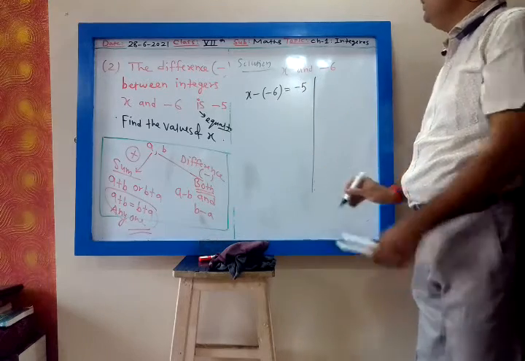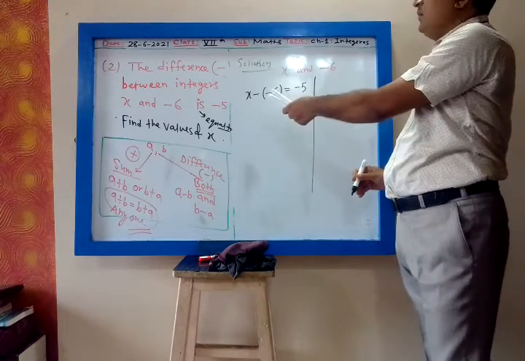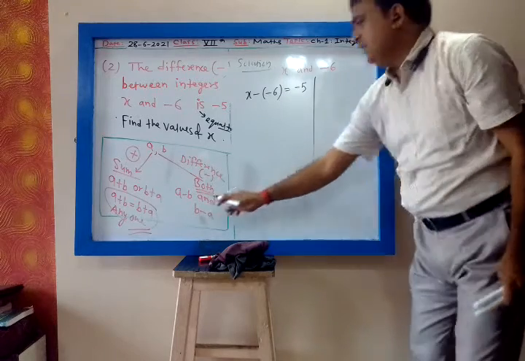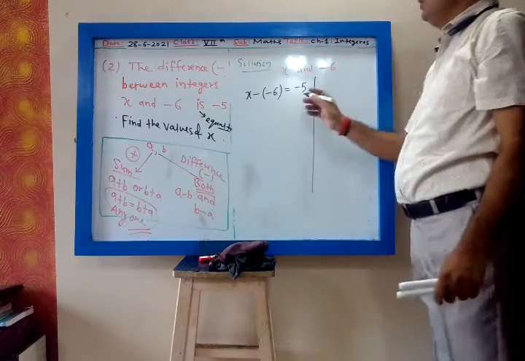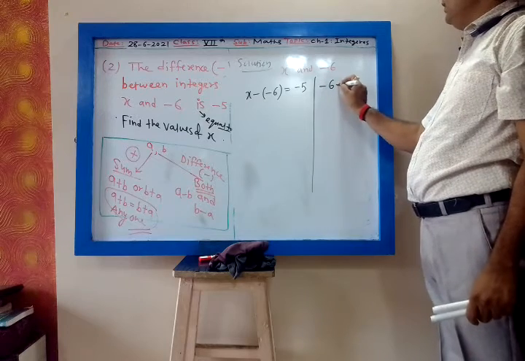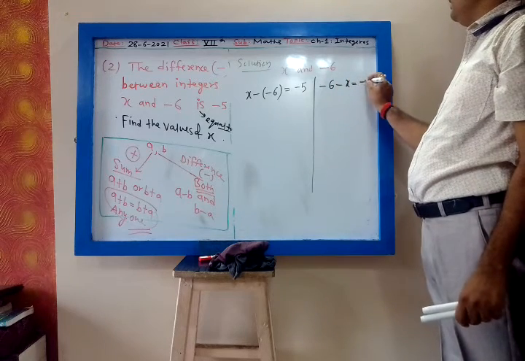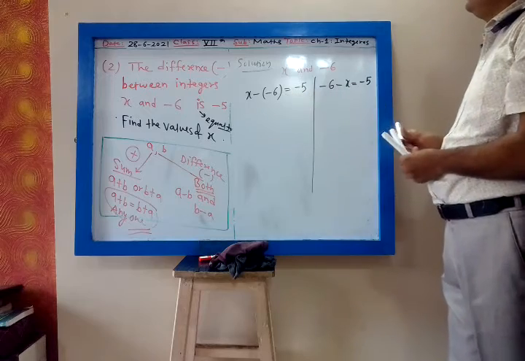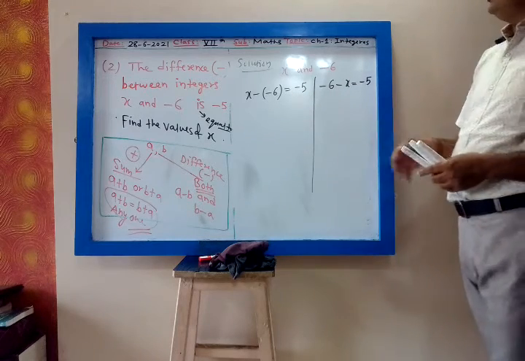And second, we have written a minus b; now I will write b minus a. That is minus 6 minus x is equal to minus 5. Both you have to write, a minus b and b minus a. Now you have to solve.